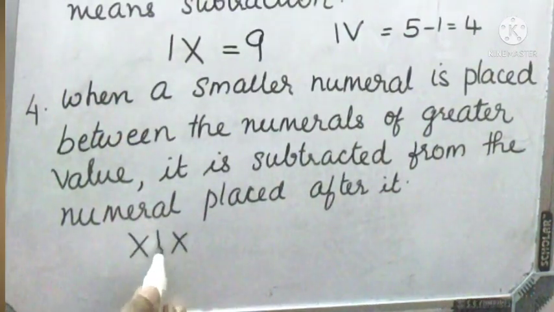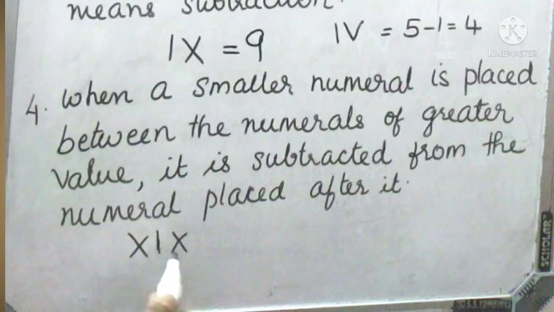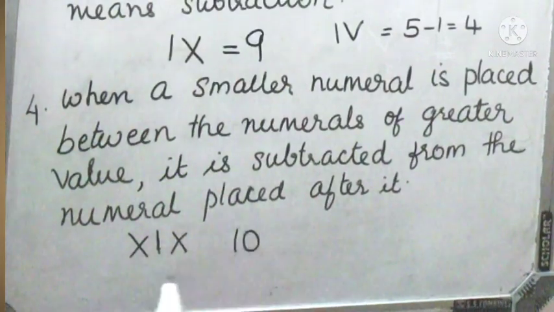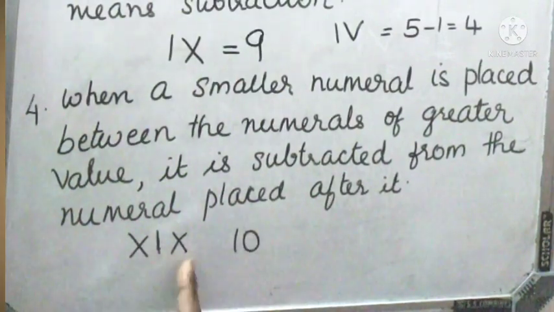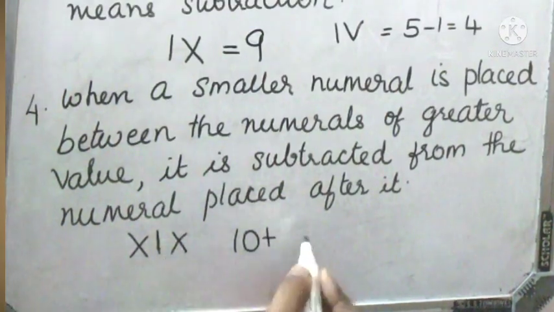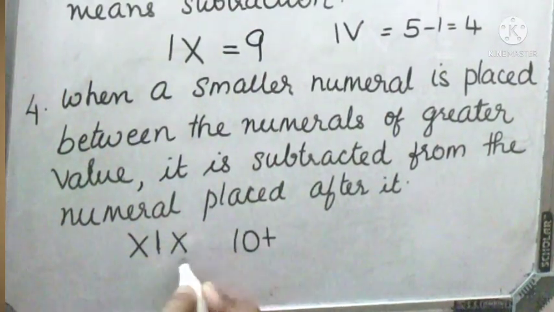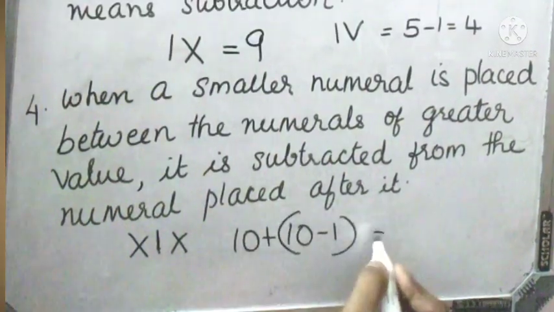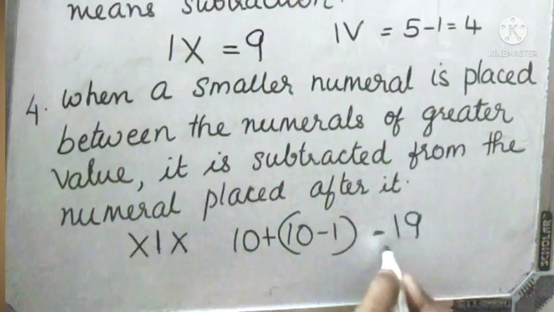That is, this numeral is subtracted from this numeral. That means this value 10, plus this one, 10 minus 1. That means 19.